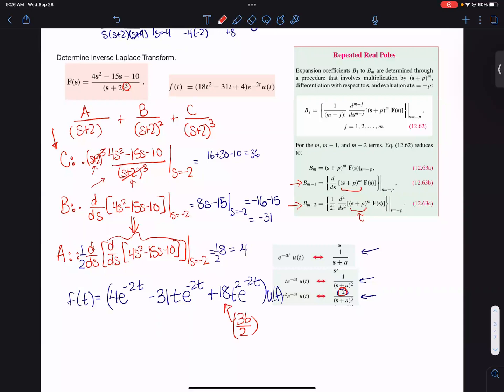You need it to be of the form: to get this into that form, C is 2 times 18 to give you 36 over (s+2) cubed. So when you change it over, the 18 is what comes out. So this is 18 times 2 over (s+2) cubed. This portion is what the table is, and so the 18 comes out front. Does that make sense?